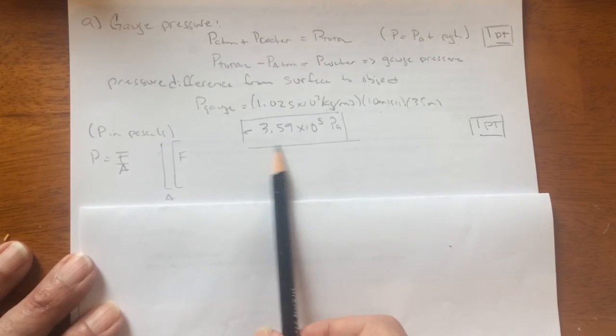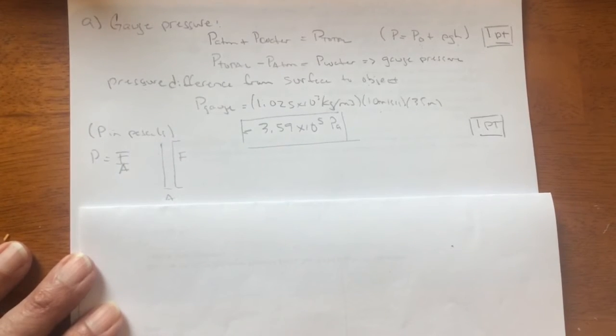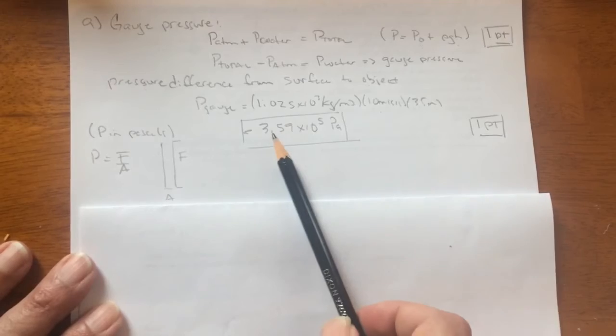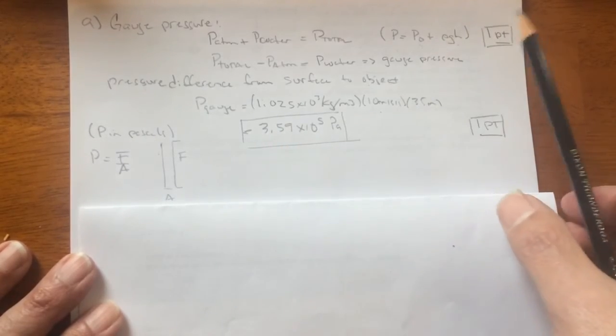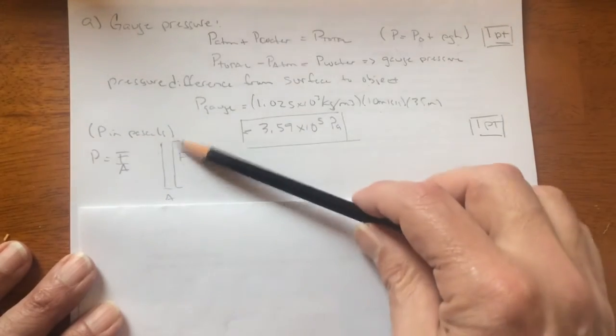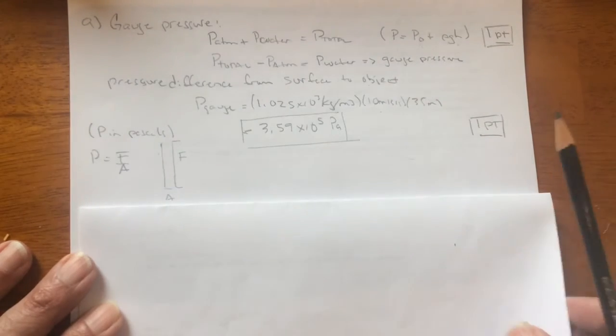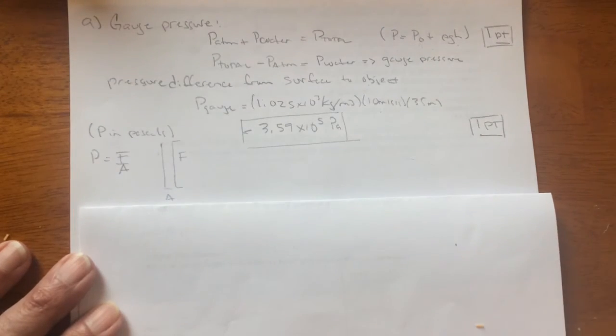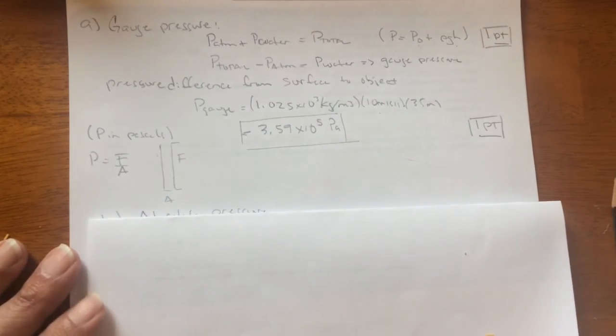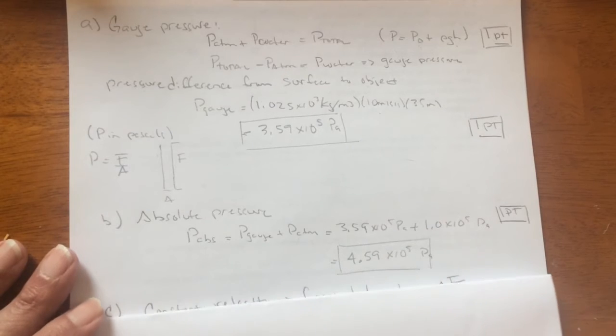You're going to calculate that. Two decimal places is fine. Don't get wrapped up: is it 3.58, 3.59? They're not that specific. They just want to see you know what you're talking about, right? And pressure is force over area. That's just a reinforcement. Part A, 1, 2, 2 points. Easy money. Let's press on.